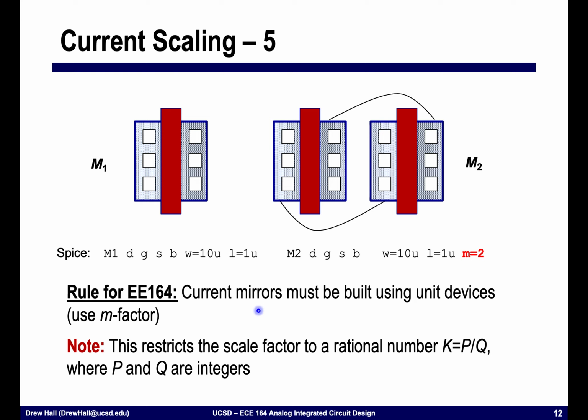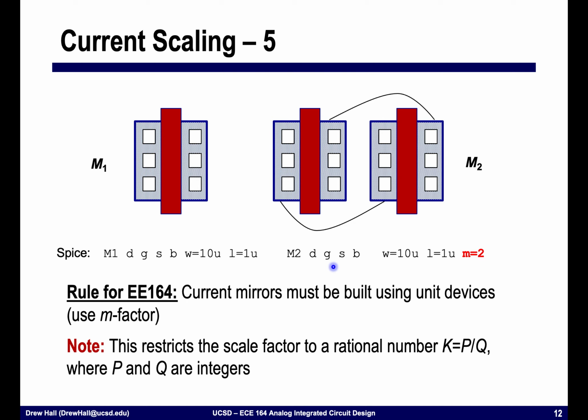This is really the way that we should be scaling current mirrors: I take one unit device, M1, and if I wanted to scale that by a factor of 2, I take this unit device, connect the sources together and the drains together, and now this will result in a transistor that is truly twice the area of M1. In SPICE, this is often called the multiplicity or the M factor of the device. M equals 2 simply means that we're taking this and multiplying it by 2 with the exact same connections for all of the devices.